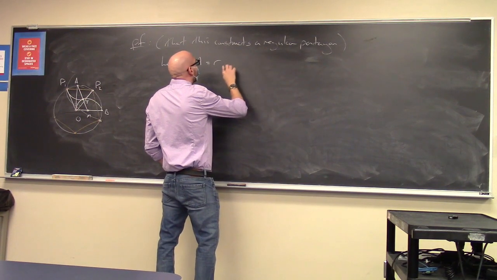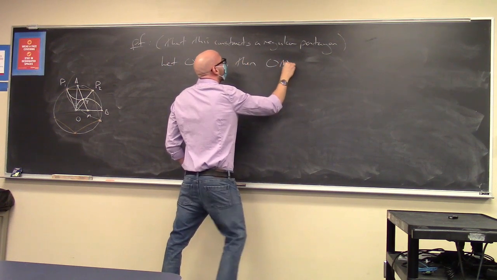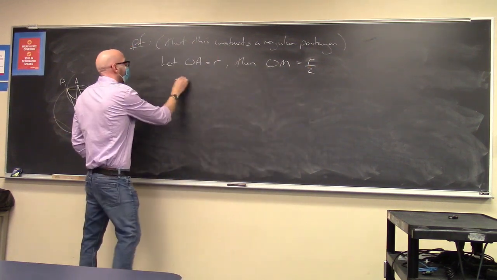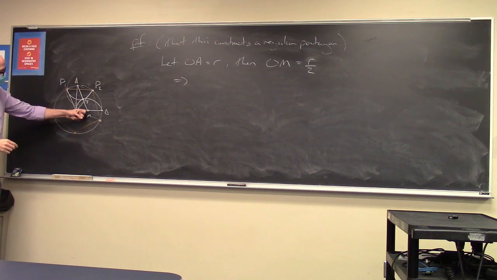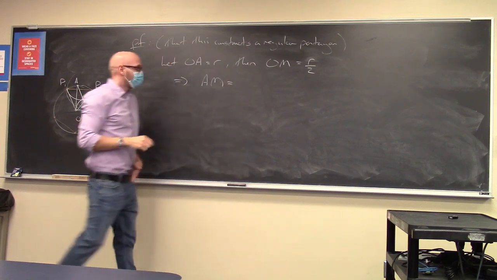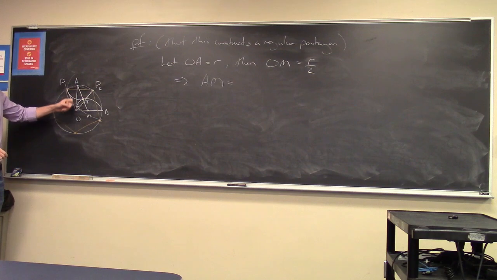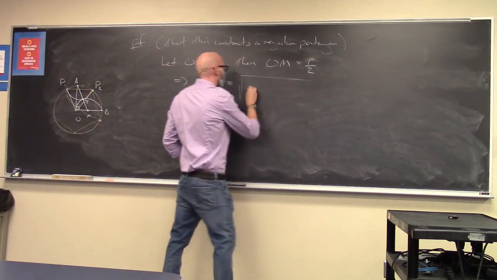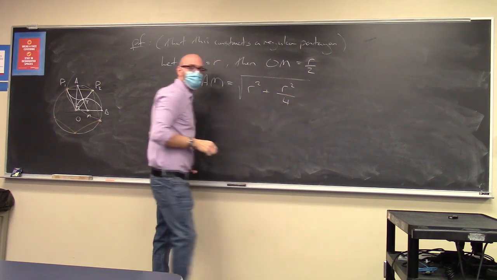Let OA equal R. Then OM is R over 2. And that implies that AM, well, use Pythagoras, this is a right angle, so this is a right triangle, sides R and R over 2, this would be the square root of R squared plus R squared over 4.